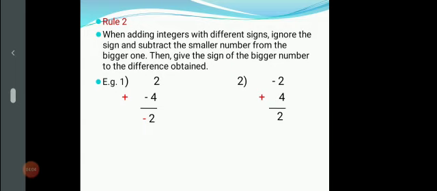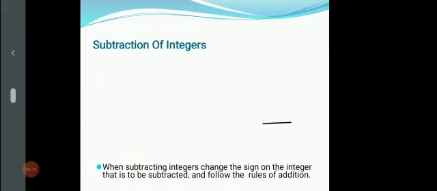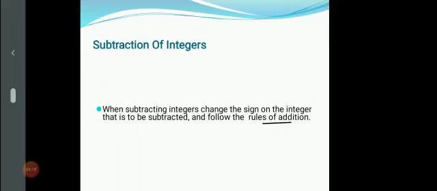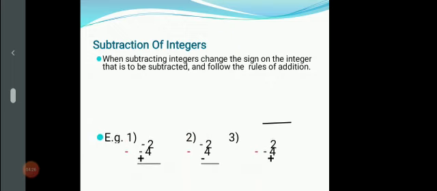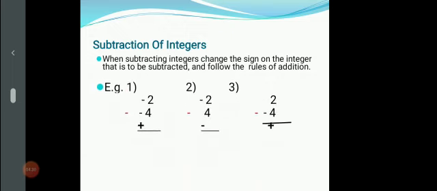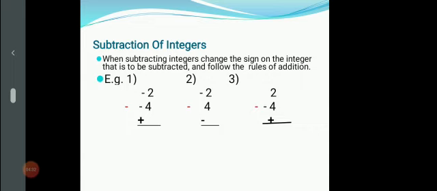Similarly, there is a rule for subtraction. What is the subtraction rule of integers? When subtracting integers, change the sign of the integer that is to be subtracted and follow the rules of addition. Let's look at the examples. The first is -2 minus -4. Here both are negative numbers.